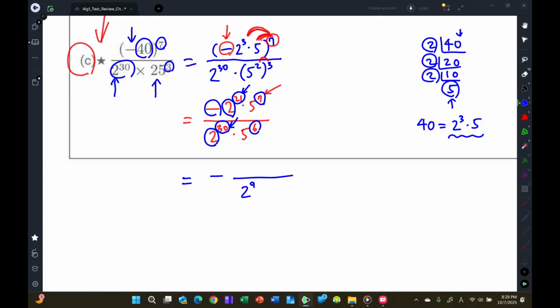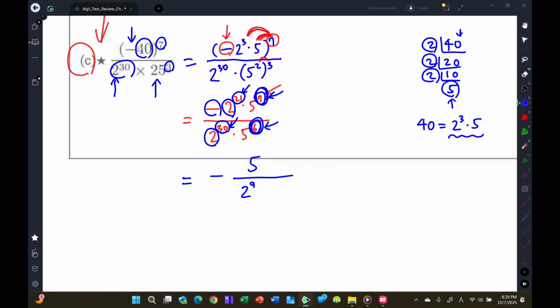So the bigger power side remains, okay? Now, 7 is greater than 6, and 6 5s being multiplied will reduce 6 of the 7 5s being multiplied, leaving only 5 on the top, 5 to the 1 power.